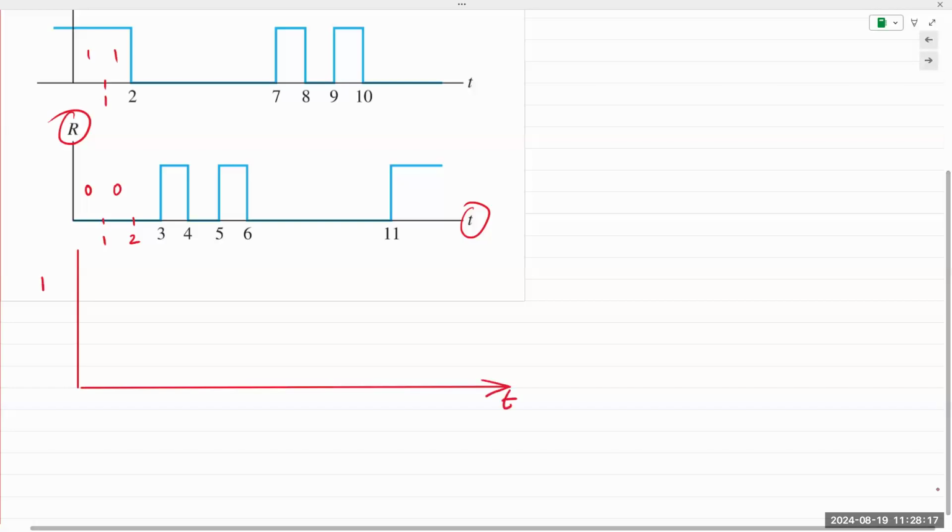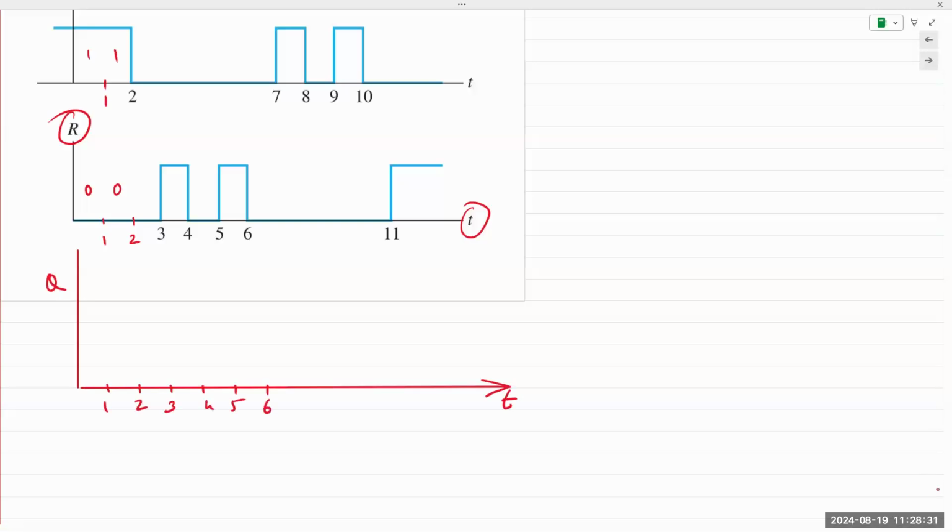T, and this would be Q. Okay. Between 1 and 2, the first 2 clock cycles, set input is 1 and reset is 0. My output is set to 1. So my output is high.